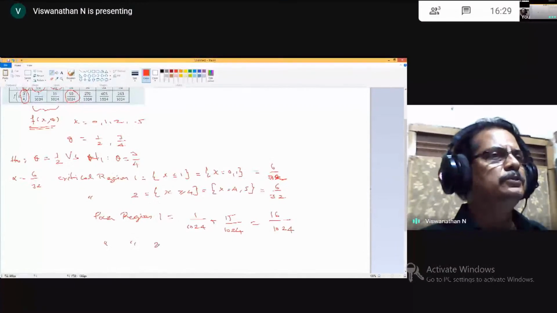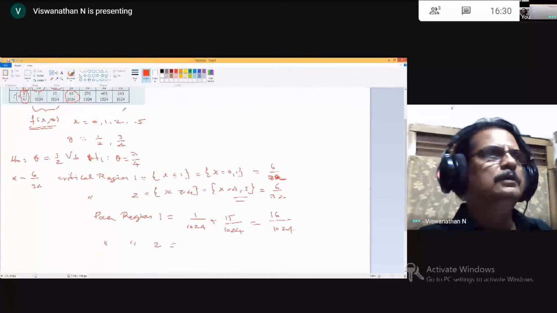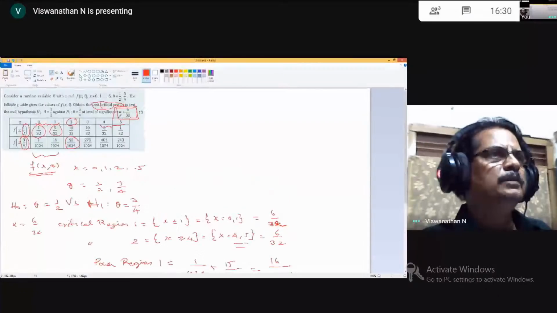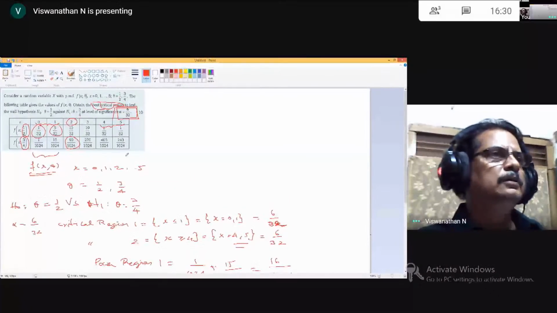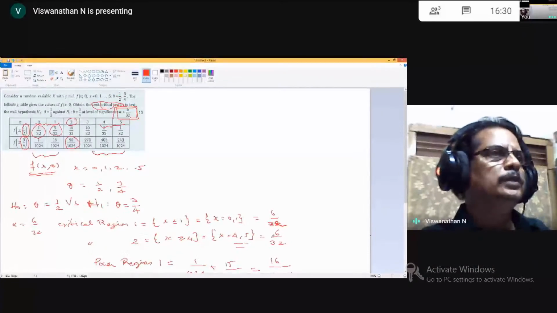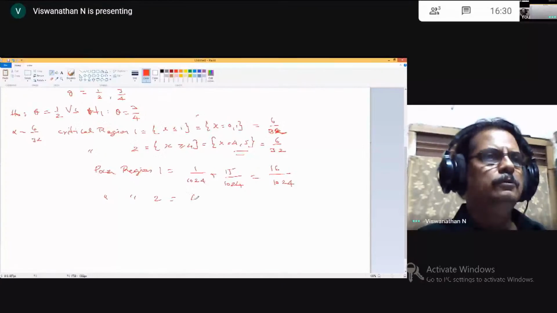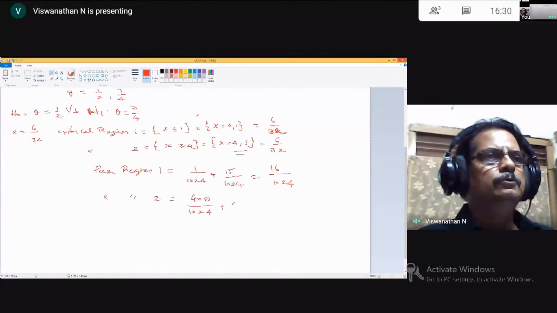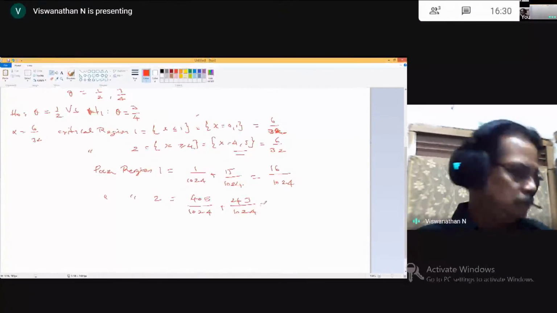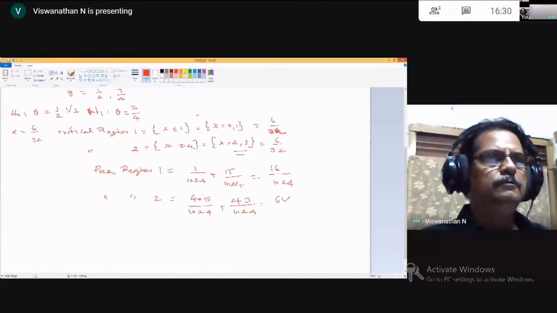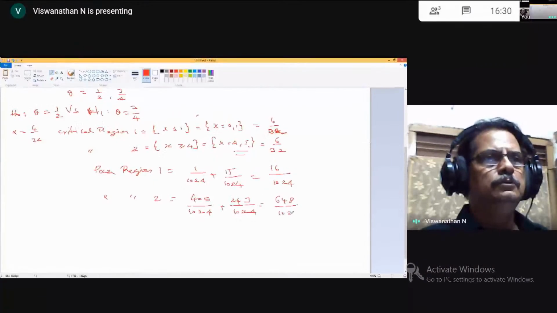Similarly, the power of region 2, where we said it is 4, 5. For 4, 5, you can see from the table it is 405 plus 243 over 1024, which is equal to 648 by 1024.